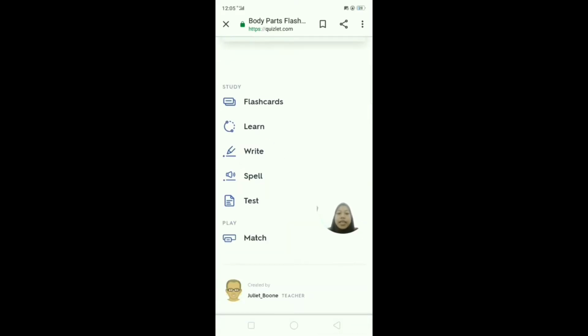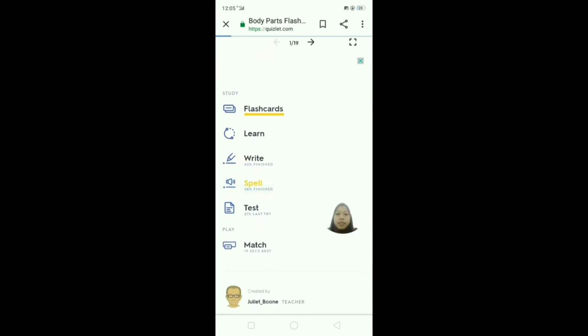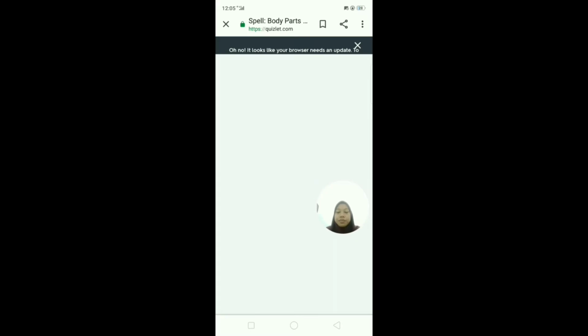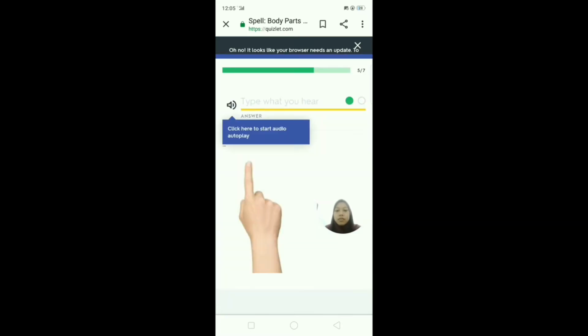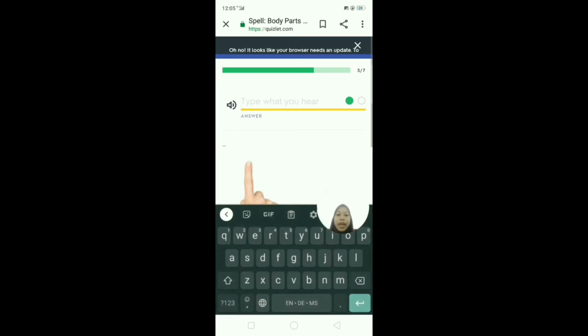The fourth is Spell. With Spell, you will listen to the term being read aloud and see the definition, and you have to type what you hear.